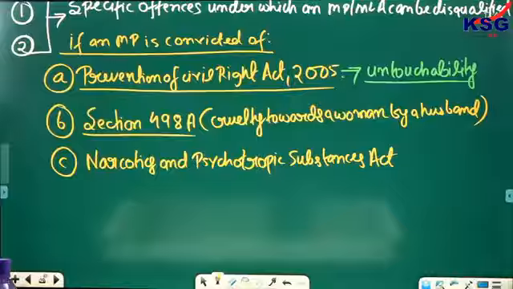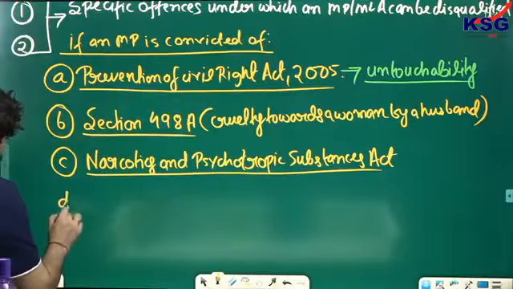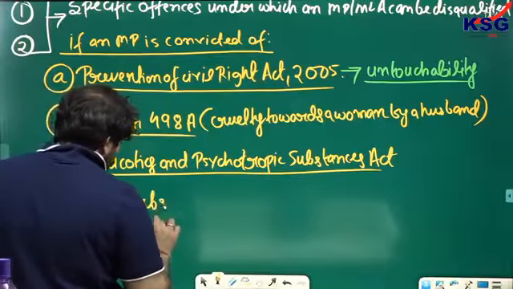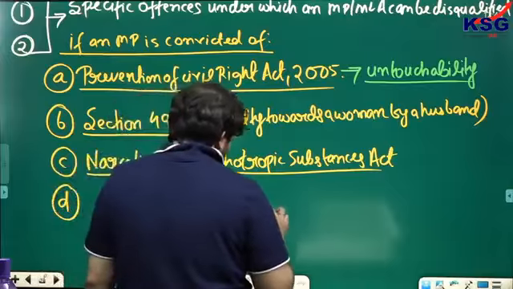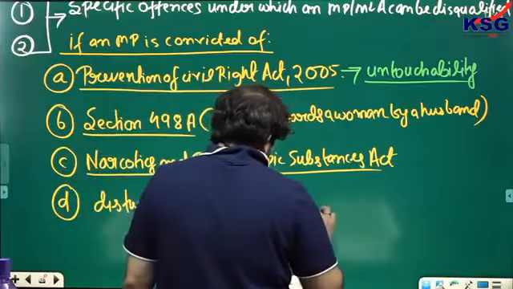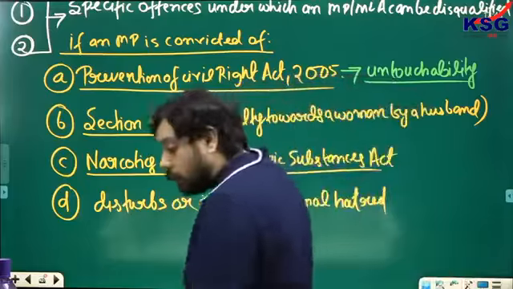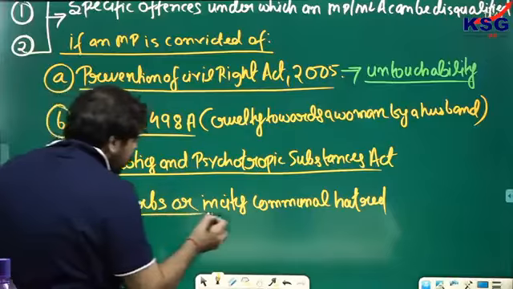If he is convicted of having committed an offence under this act, he will be disqualified and remain disqualified. Let's say if anyone disturbs or incites communal hatred between two communities by doing some kind of activity or hate speech, etc., that person, if he is convicted of that offence, can be disqualified, right?